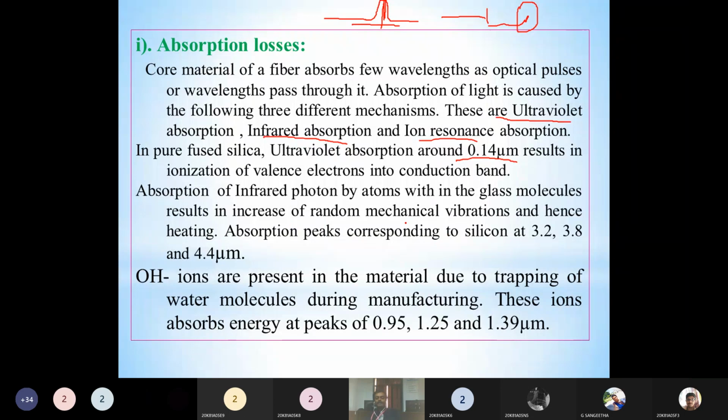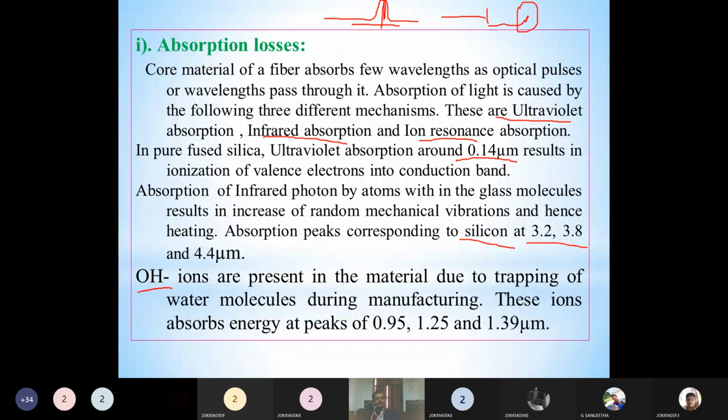The glass absorbs infrared photons, so the molecules vibrate, and because of those vibrations, heat energy is produced. For silicon, the absorption peaks are at 3.2, 3.8 and 4.4 micrometer wavelength range.